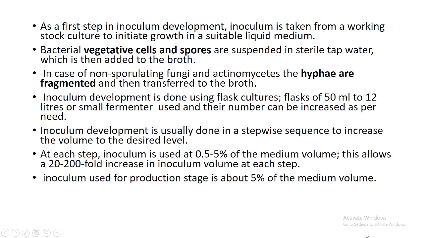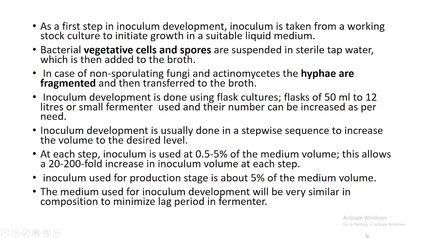Okay, so at the production stage, again 5% of the total medium volume will be taken. So if it is a 1000 liter fermenter, you will be taking 5% of 1000 liters, that is 50 liters of inoculum. And the thing here is, whatever medium you are using for inoculum development, for the step-by-step scaling up of the inoculum, will be very similar to the composition of the medium in the fermenter.